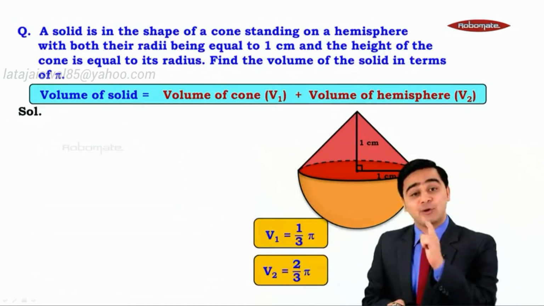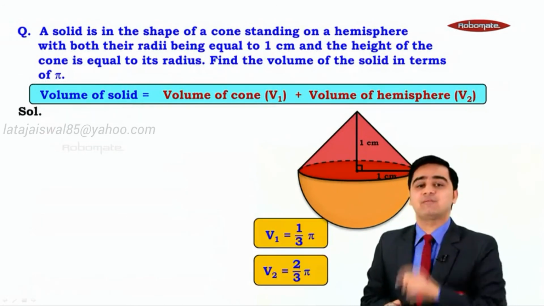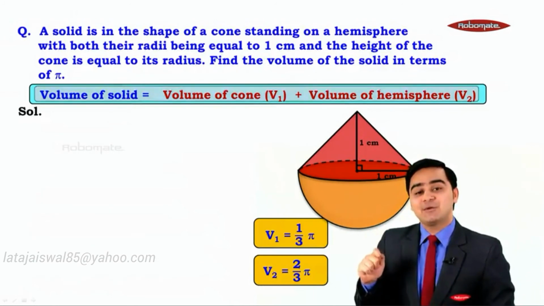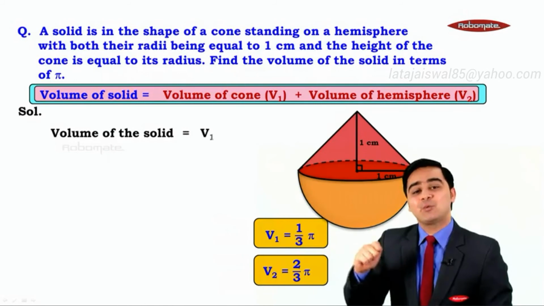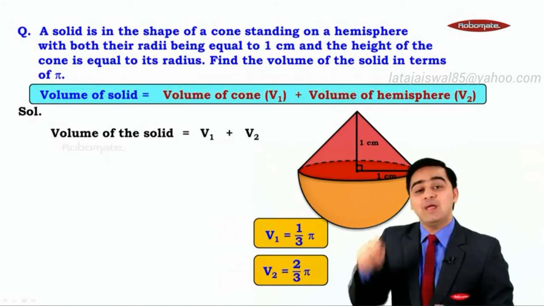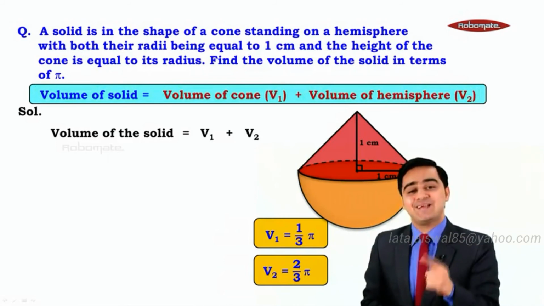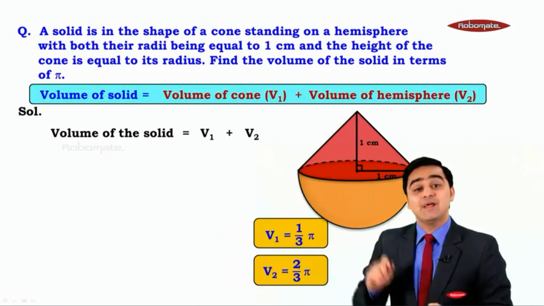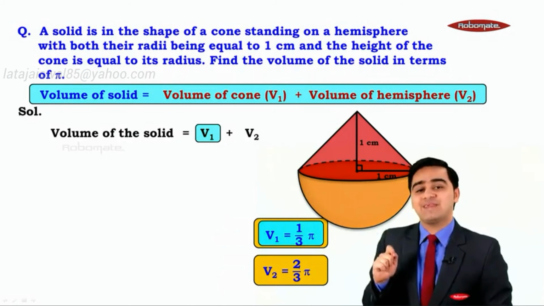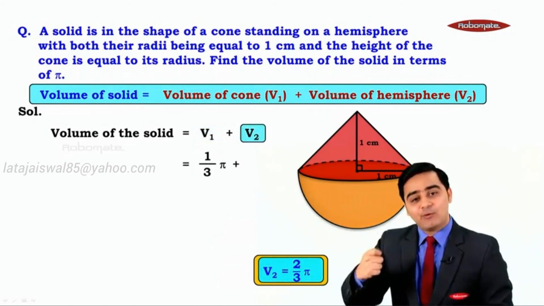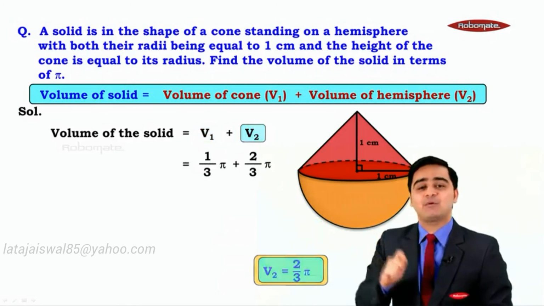Now, since we have the volume of the cone as well as of the hemisphere, let us calculate the volume of the entire solid. We know that the volume of the entire solid is equal to V1 plus V2, where V1 stands for the volume of the cone and V2 stands for the volume of the hemisphere. We have the volume of the cone equal to 1 upon 3 pi and the volume of the hemisphere equal to 2 upon 3 pi.